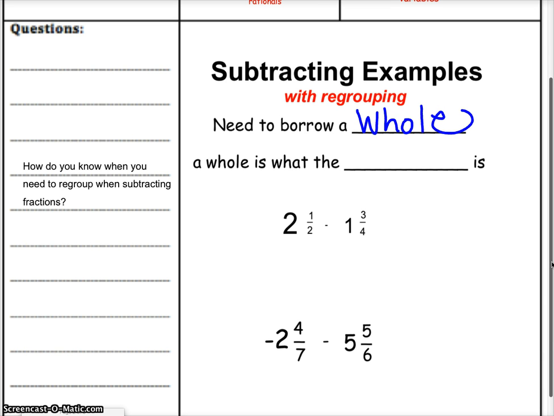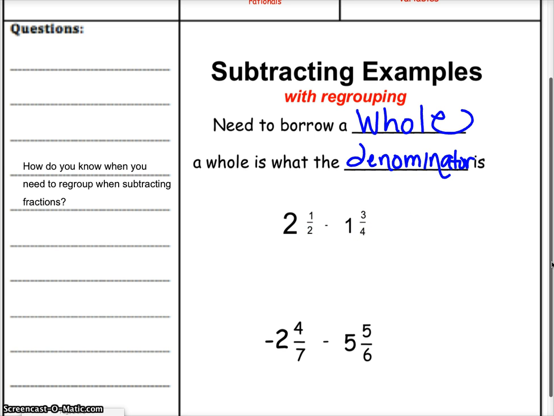A whole is whatever the denominator is. Here, I have 2 parts to the whole. Here, I have 4 parts to the whole. So the whole is whatever the denominator is.